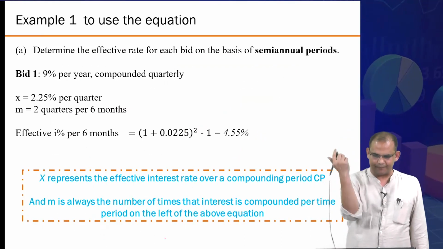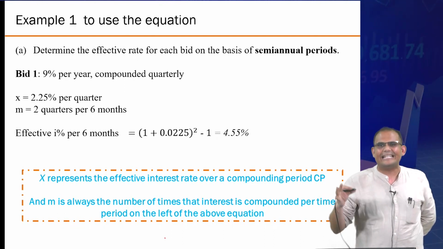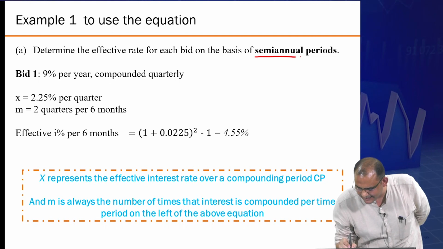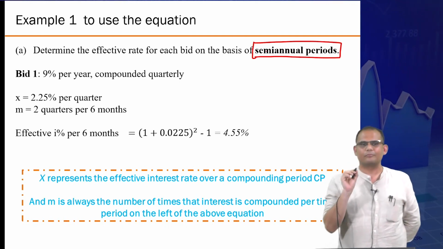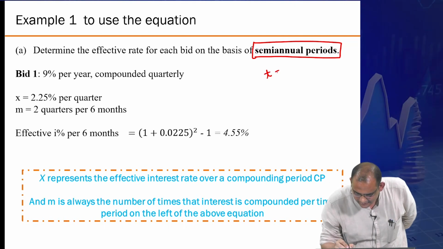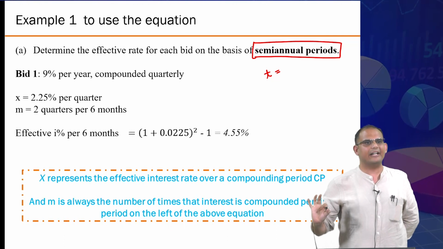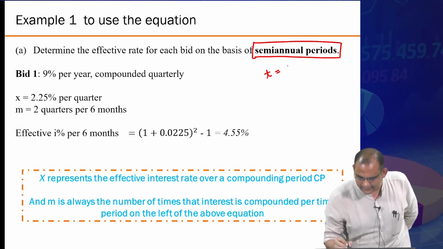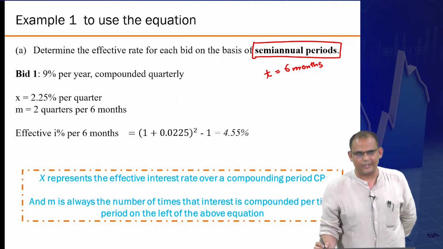The first part. So we need to convert each bid into semi-annual periods. The time that you are interested in is what? 6 months. Doesn't matter what the vendor has quoted. You are only interested in 6 months, right?